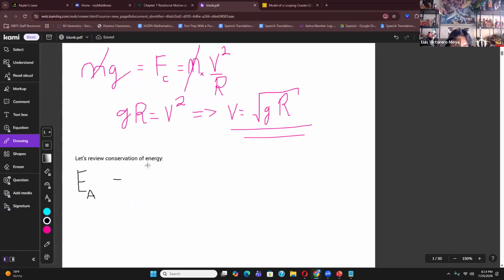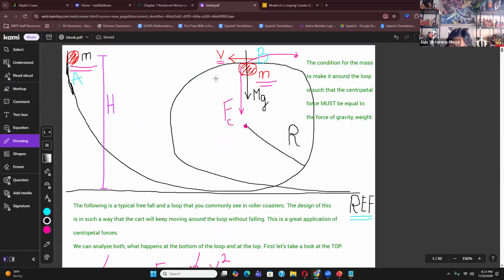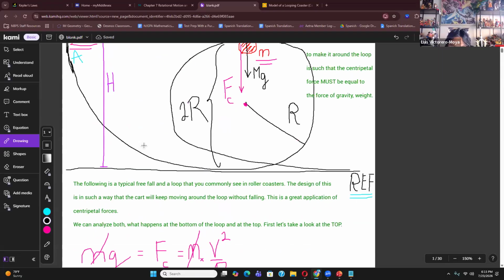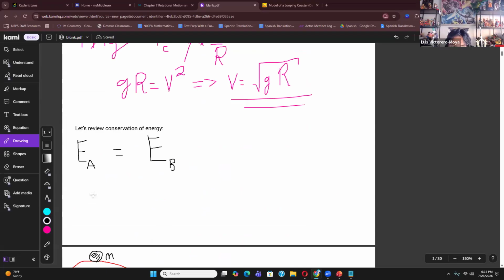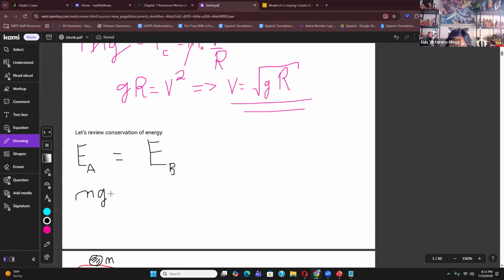The energy at B, however, you have to be careful, because the energy at B is potential, at 2r, and kinetic. So mgh equals mg times 2r plus 1/2 of the mass v squared.